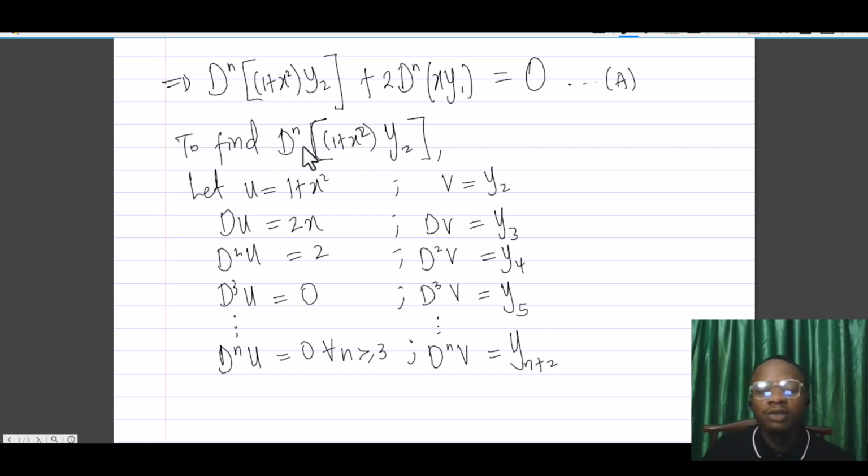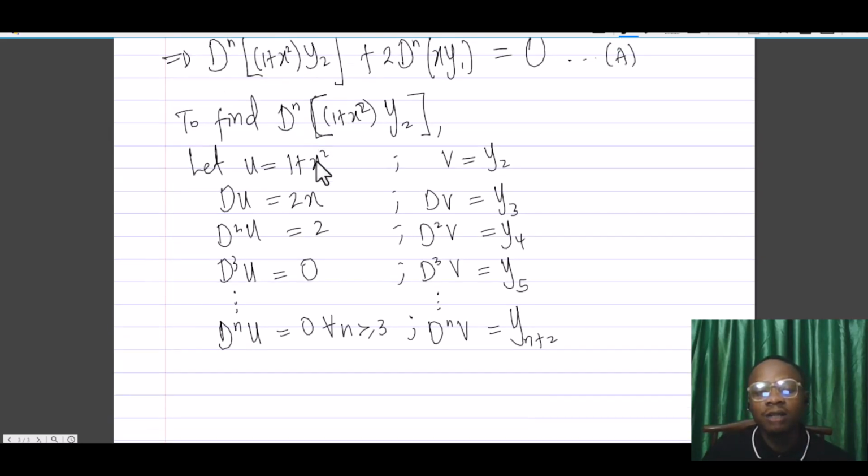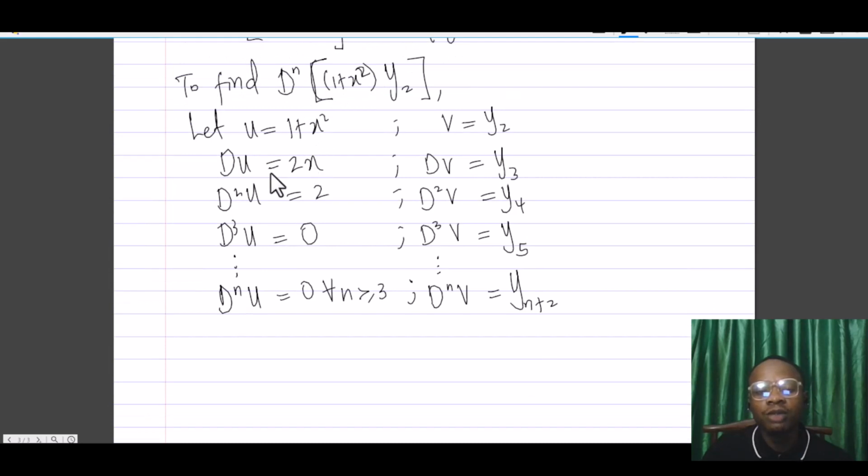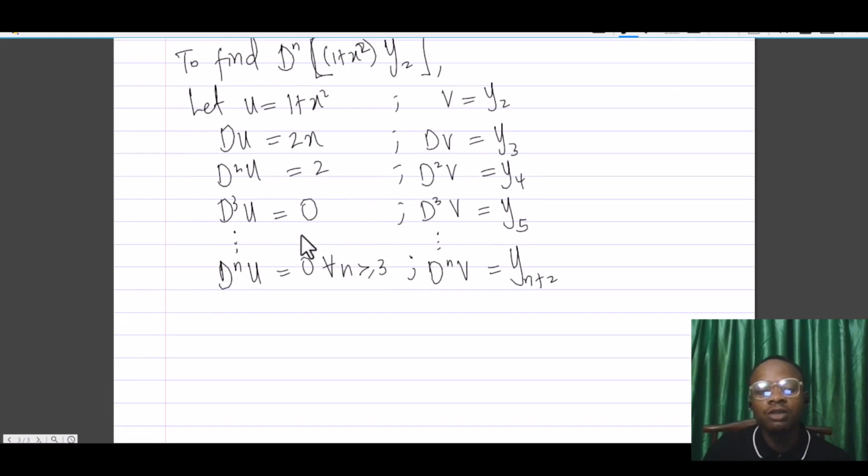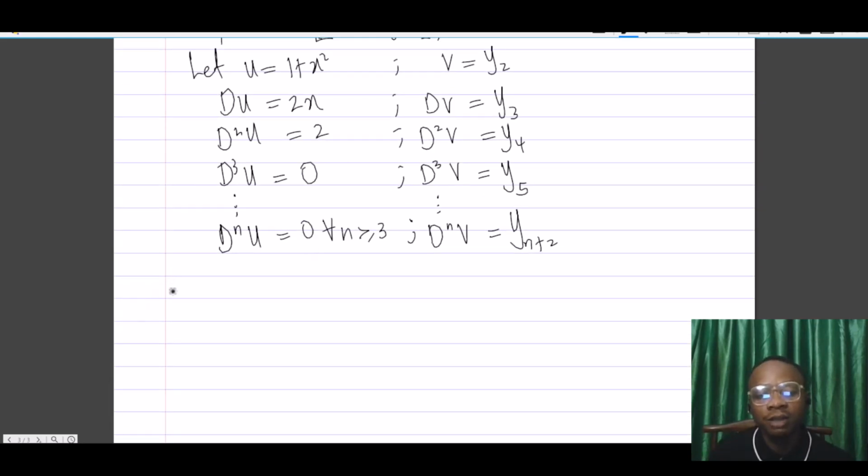So if we try to expand this using our Leibniz formula, we know that it will have its first two terms, and from the third term forward, it will vanish. So by Leibniz formula, we'll have the nth derivative of 1 plus x squared.